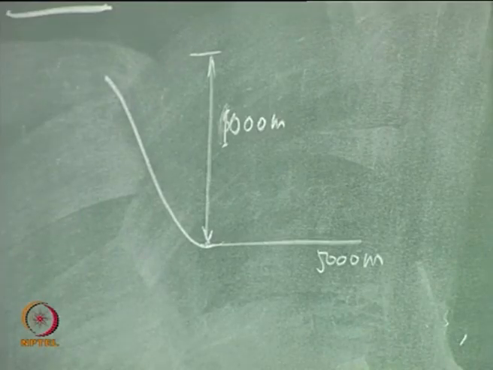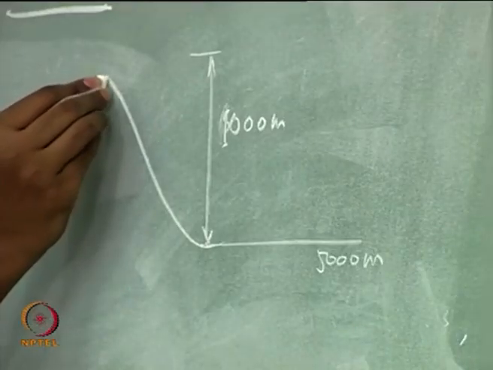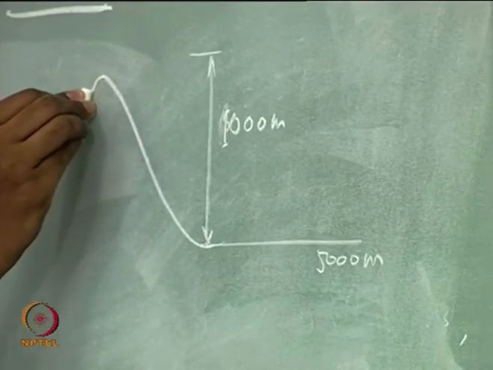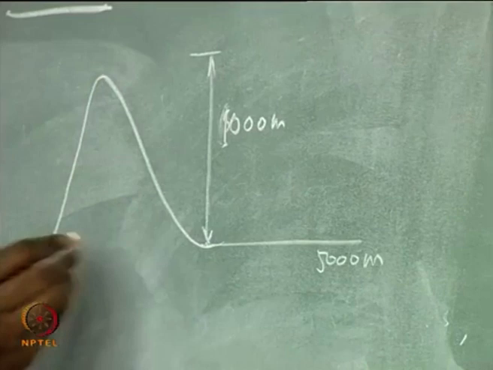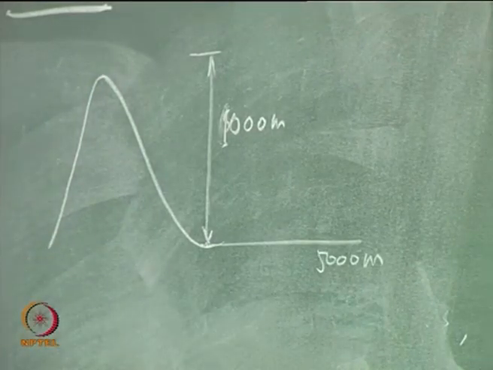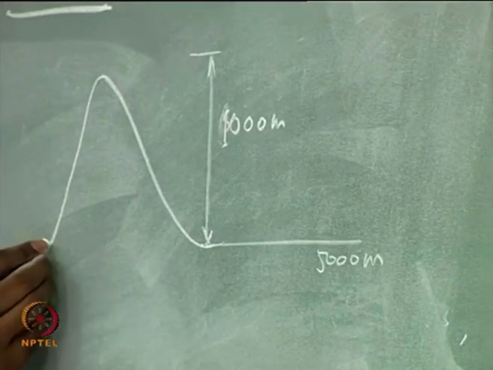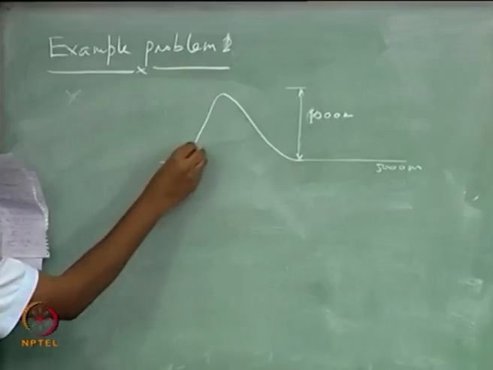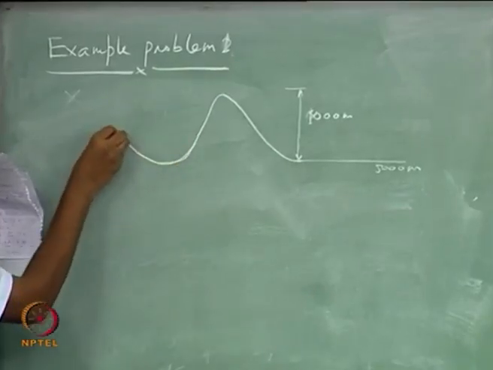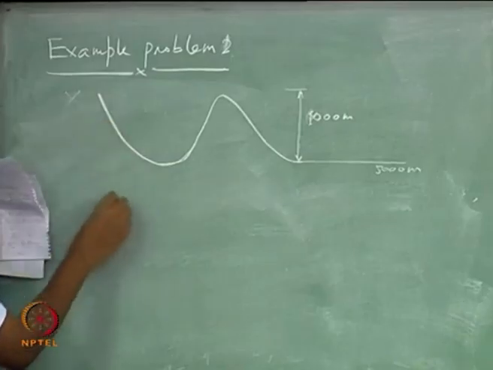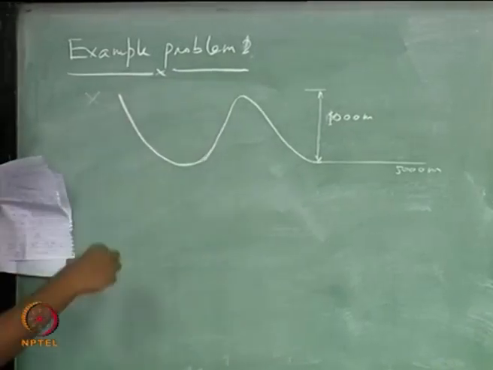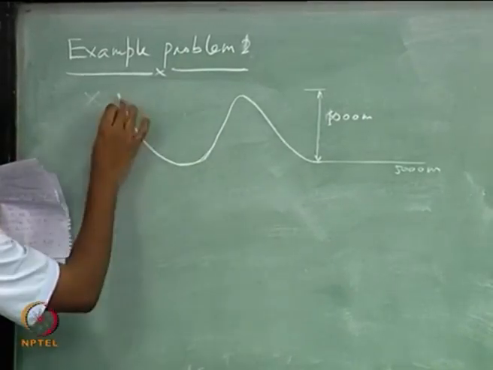From this point it takes a dive, so that at the bottom it touches this 5 kilometer height and completes a semicircle.